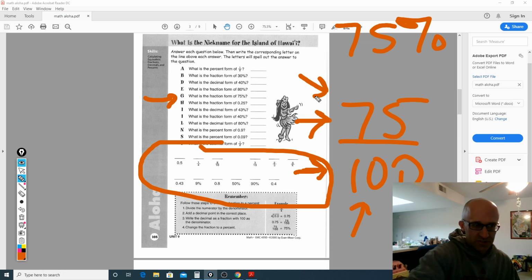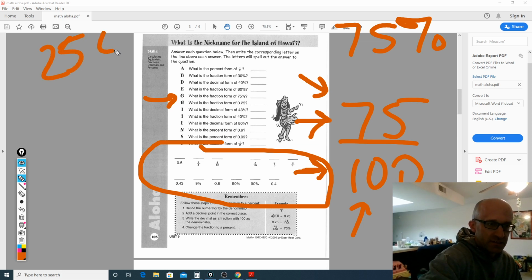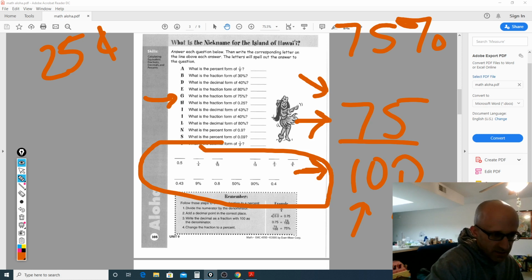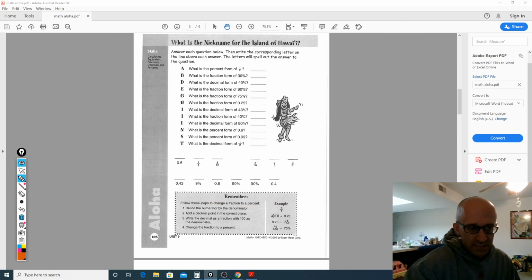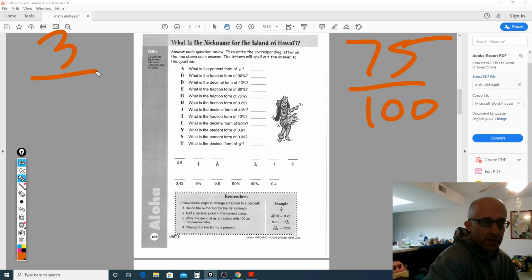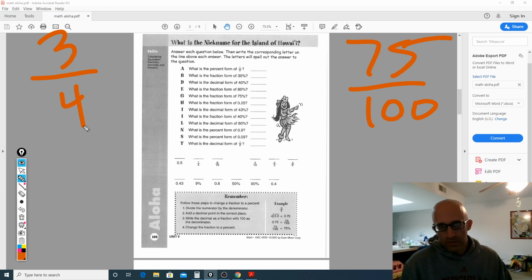Think of your quarters, which are 25 cents. Your dollar is made up of 4 quarters. So 75 over 100 can be reduced to 3 over 4.